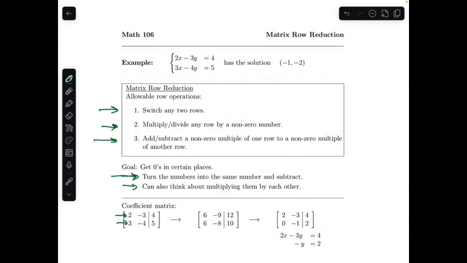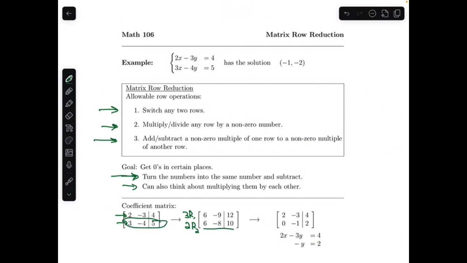So I get this new matrix in the middle here, and this is 3 times row 1, and this is 2 times row 2. I'm going to take 3 times all the numbers in the top row. So I get 6, -9, 12. And then I take 2 times all the numbers in the second row, and I get 6, -8, 10.